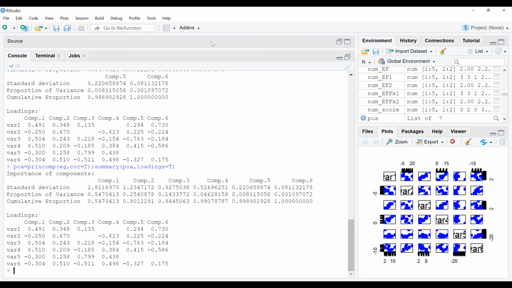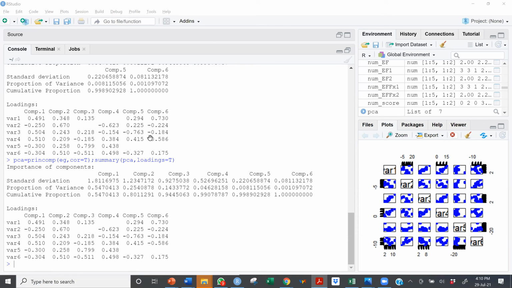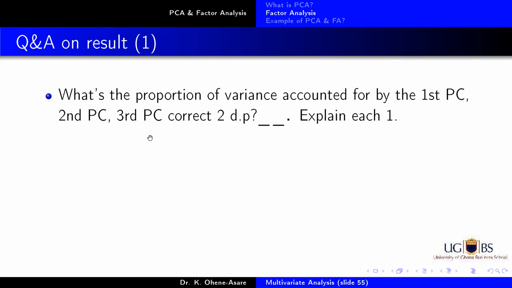So let's try and make sense and find out our first questions. Our first question. And I'm taking you back to the slides so that we try and make sense of the question. The first question says, what is the proportion of variance accounted for by the first principal component?